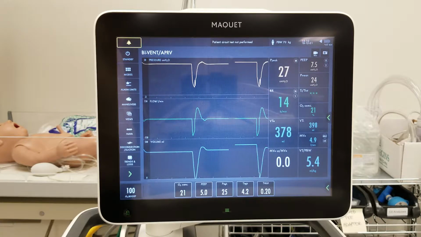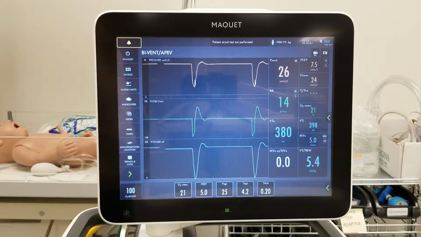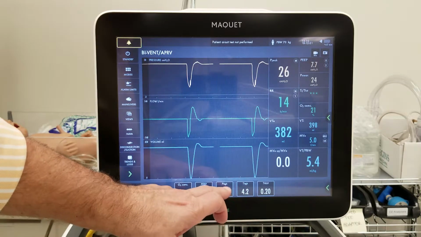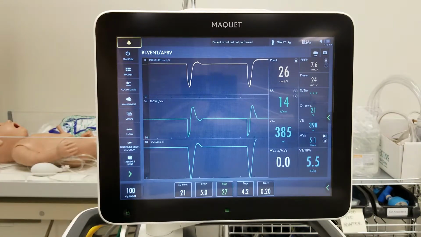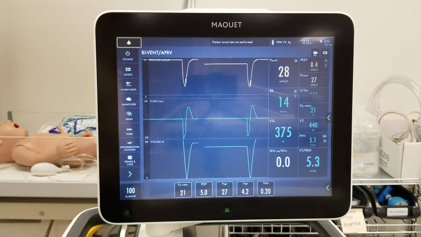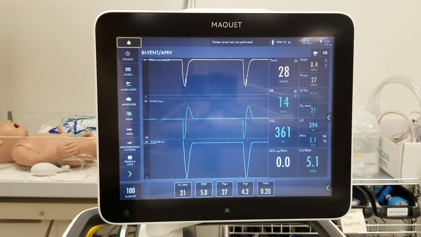Okay, 5.4. Okay. And we really want to be 27 or less. So right now we're overshooting by 1, but our peak pressure now is 27.